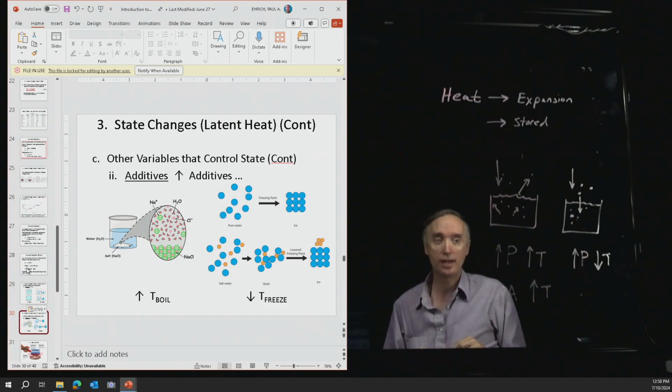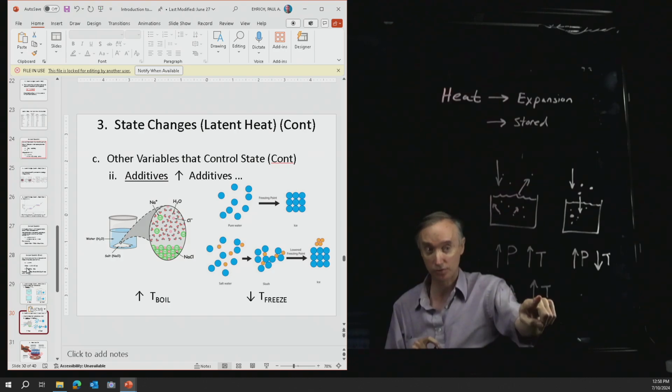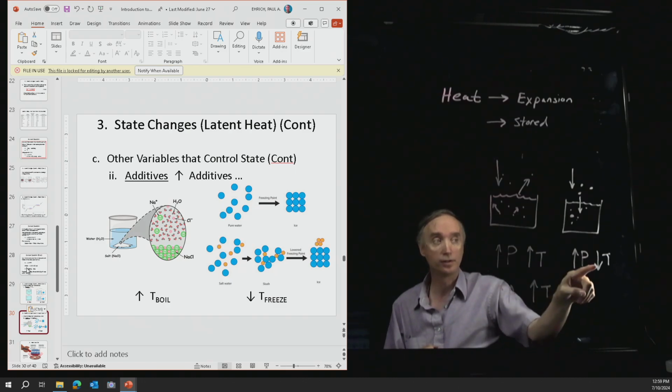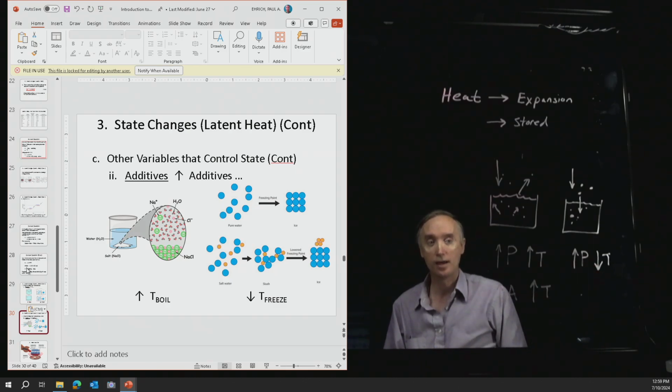You put antifreeze in the water that goes into your radiator, and that increases the temperature at which the water will boil, which means that as the engine heats up, the water is less likely to boil out of your radiator. Also, it lowers the temperature at which the water is going to freeze, so that keeps your radiator from freezing.